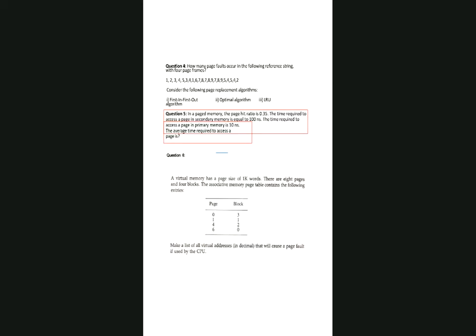In the previous weeks, we have already completed the first 4 problems. Let me show you what we have completed in previous weeks.